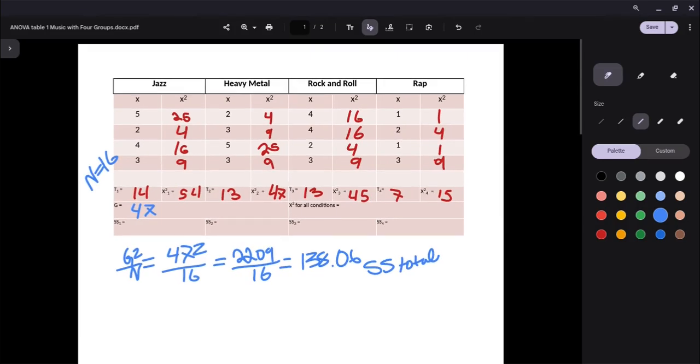Now that we have that, we can actually find all our SS1, SS2, SS3, and SS4s, which will be, let's see, hold on, grab my notes here, my bad.